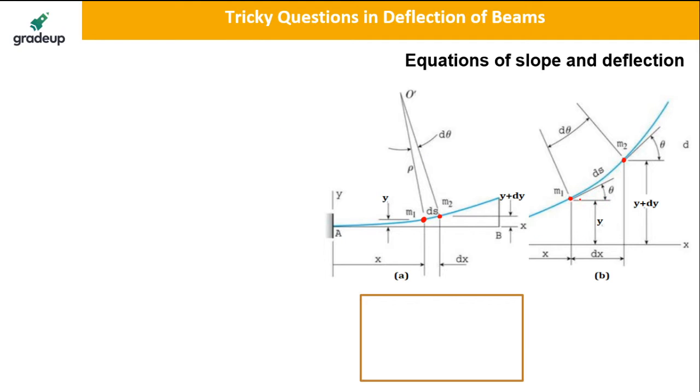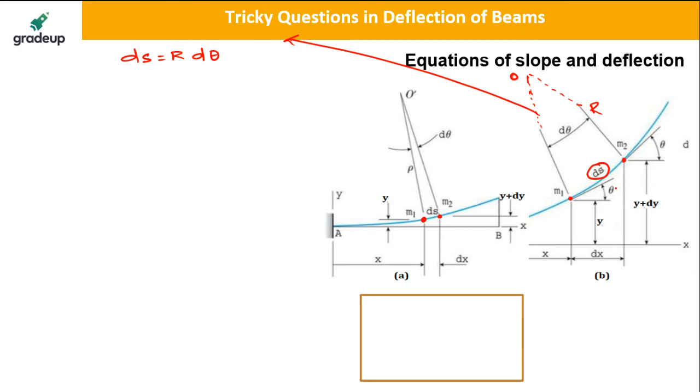Let this be ds, the arc length, and this is what is called the center of the curvature, and this is called the radius of the curvature. So from this I can say that ds is equal to r times d theta. Is it clear now?